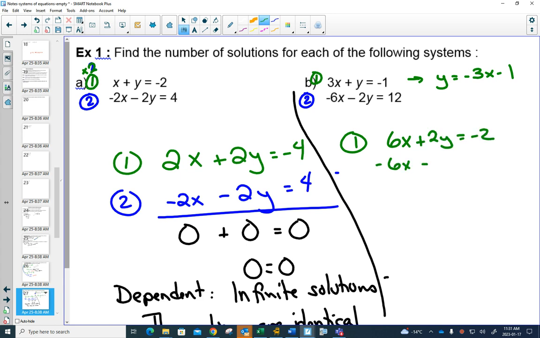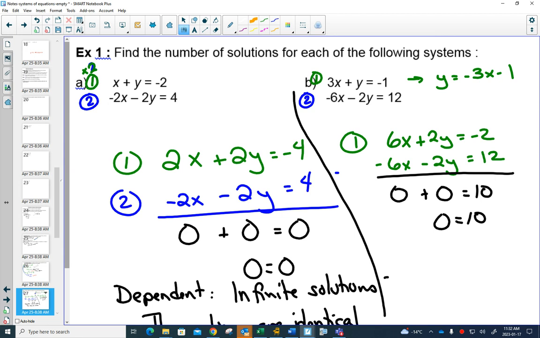Second equation is negative 6x minus 2y equals 12. If I add those together, I would get 0 plus 0 equals 10. You get something else that doesn't work out. Also still not true. Also telling you that it's an incompatible system or inconsistent. And you would get no solution.